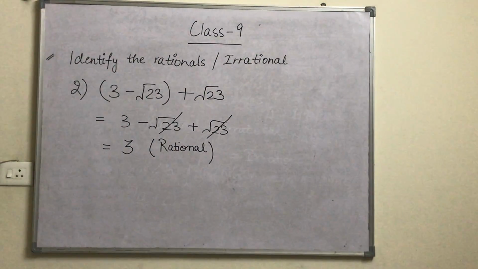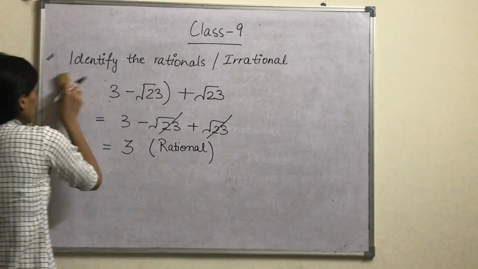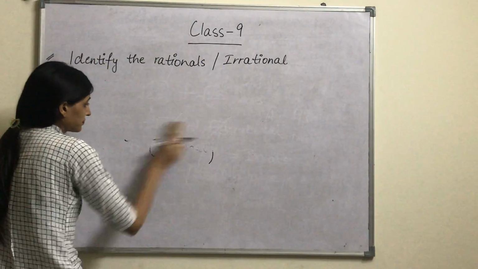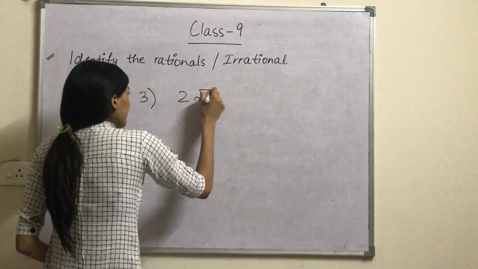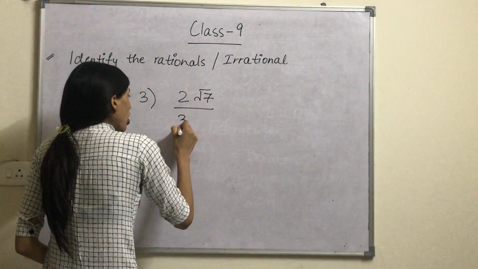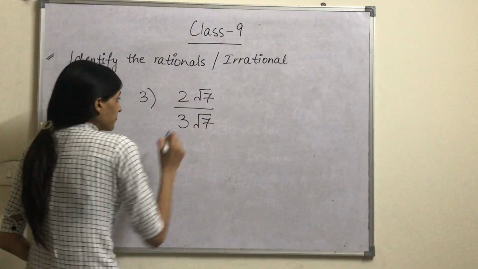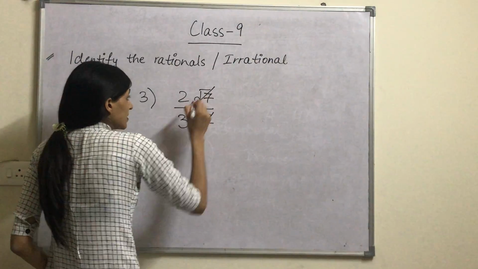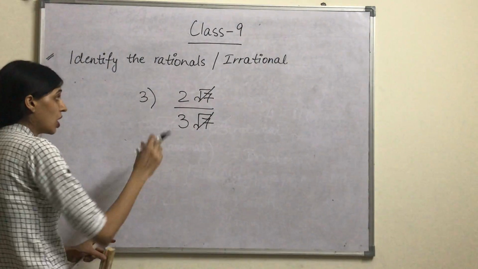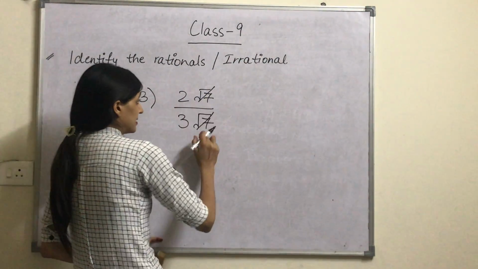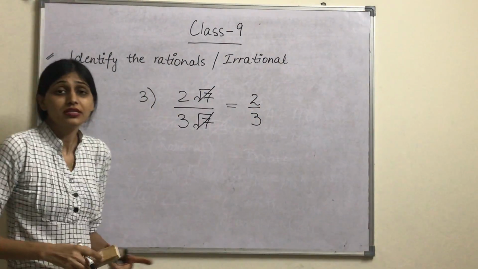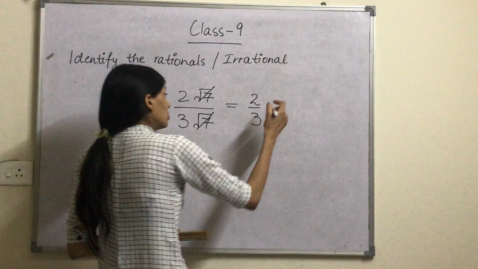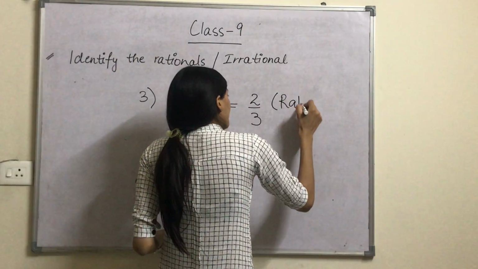Similarly, you have given 2 root 7 upon 3 root 7. This root 7 cuts down with the other because we can cut like that. So whatever is remaining, 2 upon 3. So this is a rational number. So the answer will be rational.